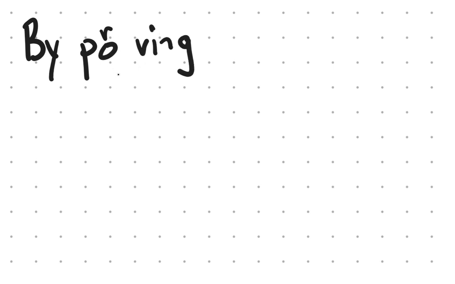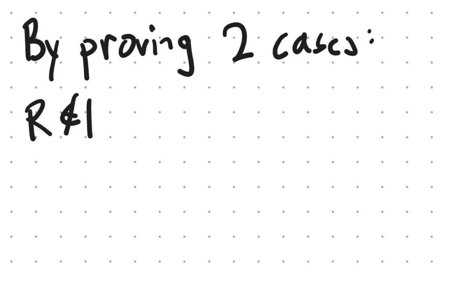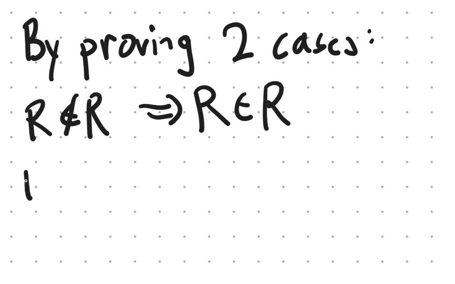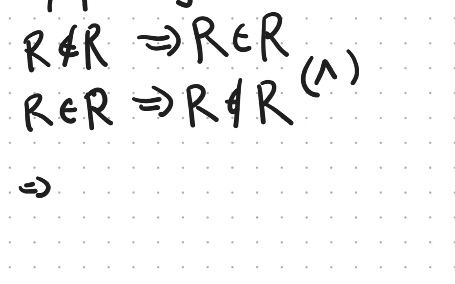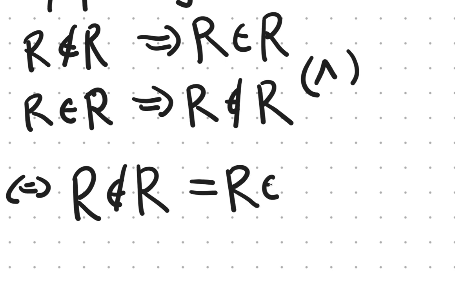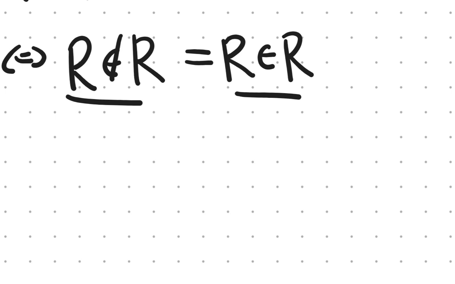And at the very end, by proving two cases, we have found that if R is not an element of R, it implies that R is an element of R, and if R is an element of R, then R is not an element of R. So since we have both implications, we can actually say it is equivalent to saying that R is not an element of R equals R is an element of R. But there is no set in a mathematical universe that says a set is not an element of its own set, which is actually equal to the set as an element of its own set, containing itself and not containing itself.